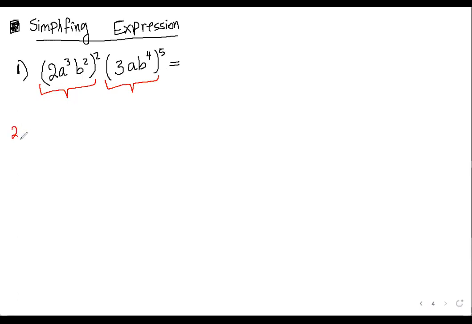So first I simplify the first one, 2a to the power 3 b squared, all of this to the power 2. How can I simplify this one?